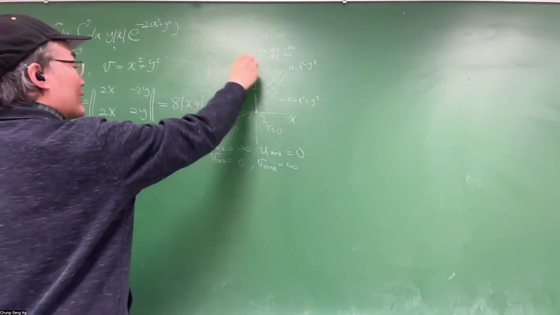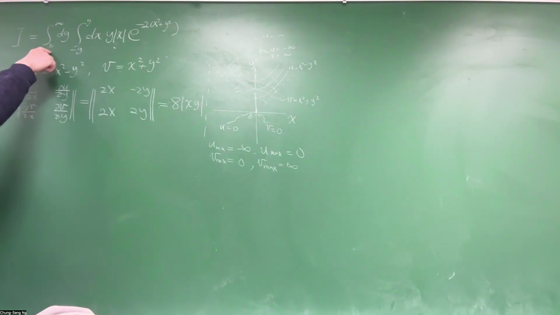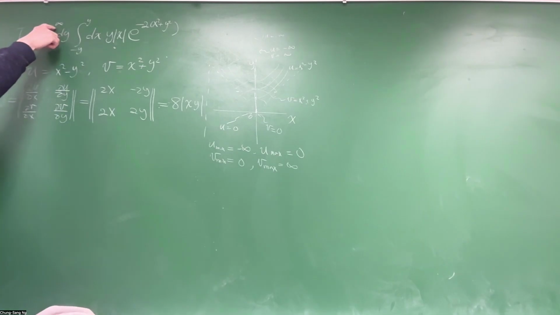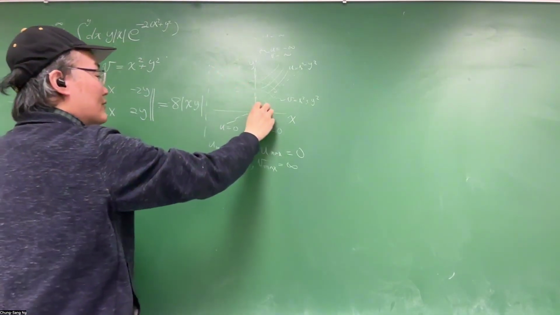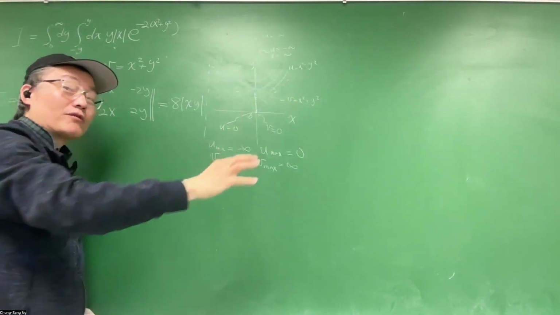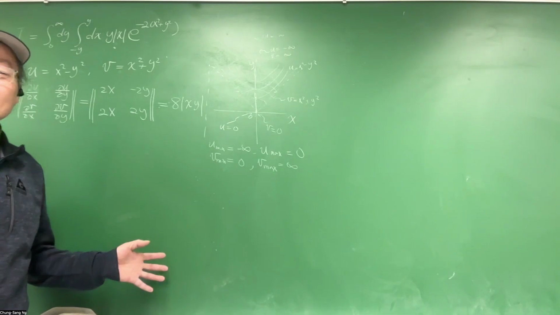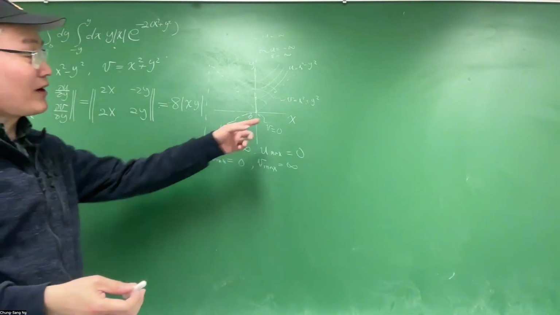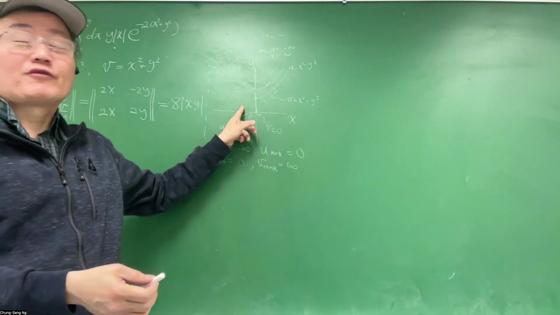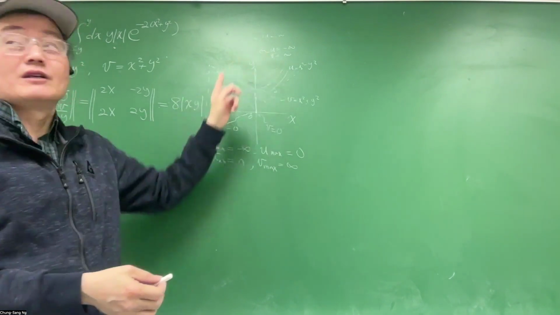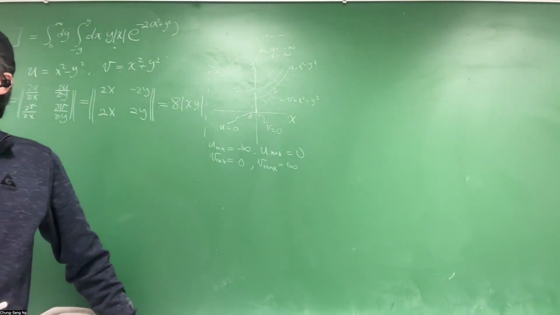Because this is the original area, you integrate from 0 to infinity. So you need to map this area for the range of x and y, and then map it to the new coordinate system, which is defined by u and v. So you need to figure out what the values of u and v are to integrate.